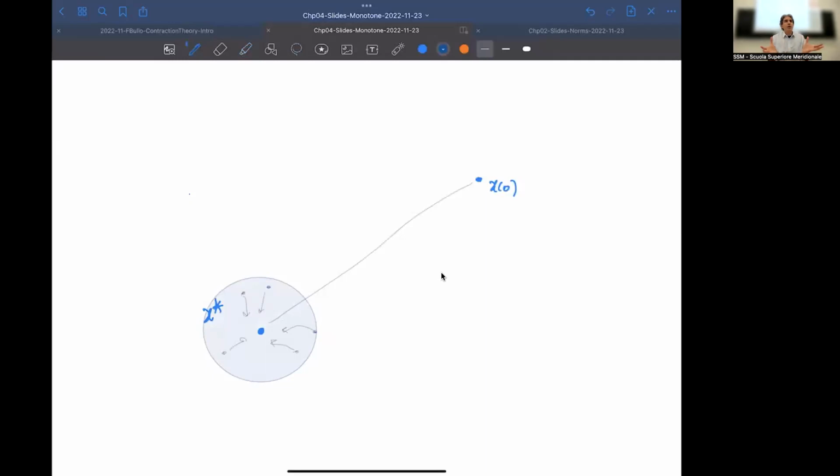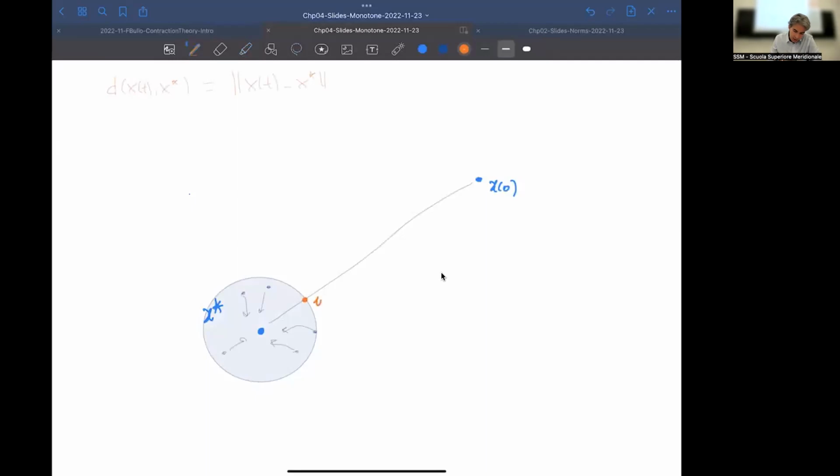Okay, so the proof works like this. It's like when you have a funnel, and you put some water, and water goes out through the hole. So here's the concept. The distance between x at time t and x star, that's what I'm interested in. We're on a vector space, so really I could write this as x of t minus x star. Let's reason about this. I am going to define a certain point.